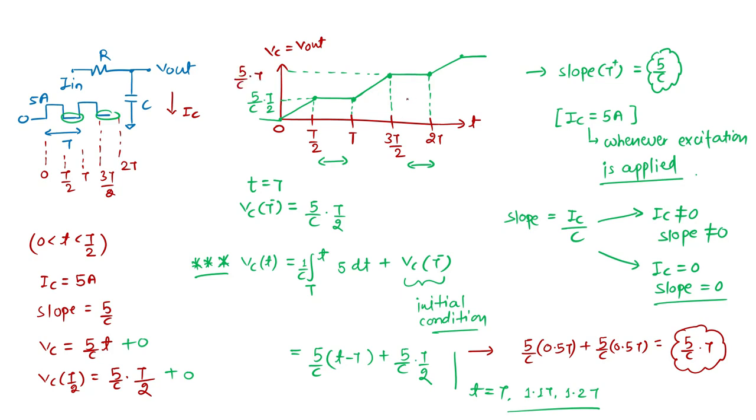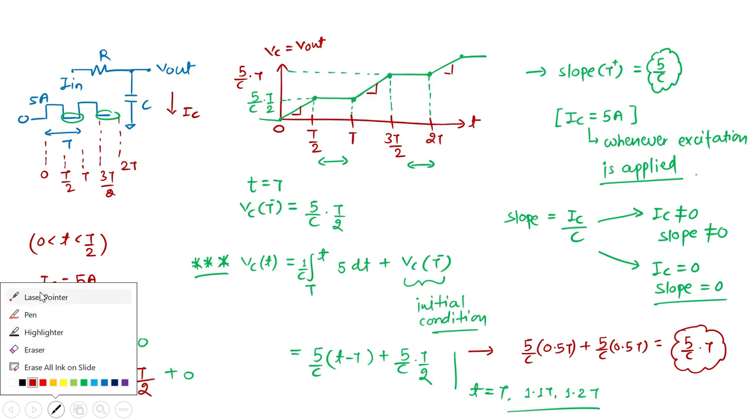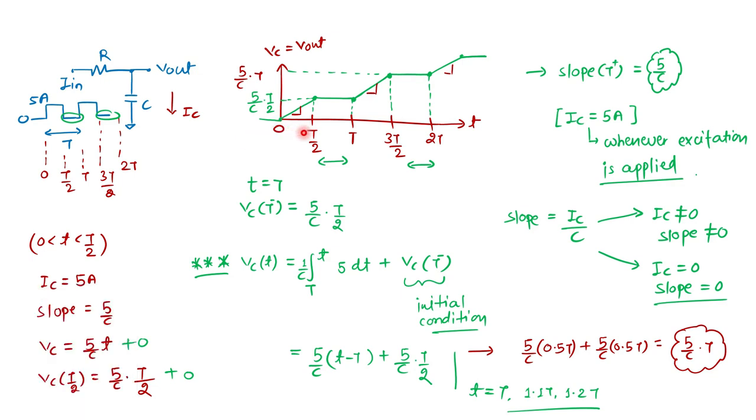So what we are seeing is that, as the slope is the same between all these time intervals, the exact same amount of voltage will increase on the y-axis. As we are seeing, from t between 0 to t by 2, my change of voltage happening is 5 by c times t by 2.